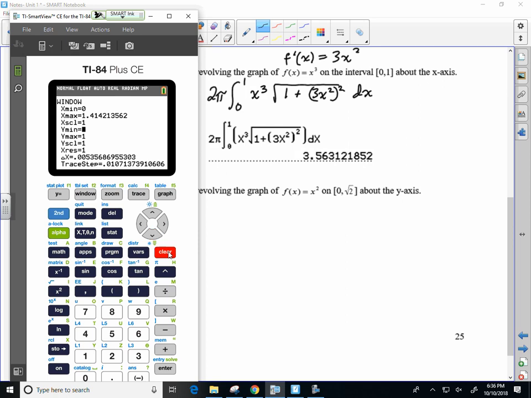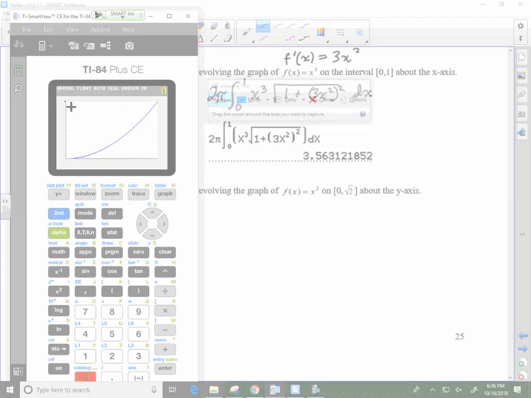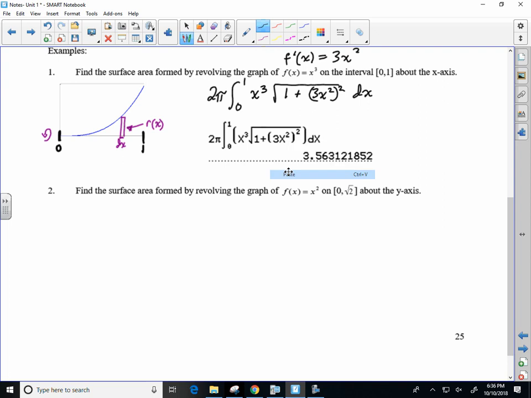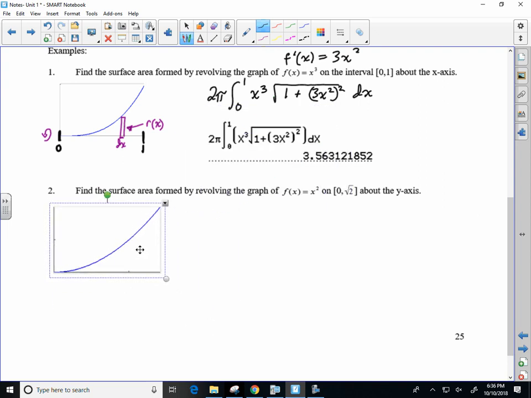Zoom fit of y min or max, clear zoom 0. Now that part does look exactly the same, but we do know it's a different function on a different interval. So it should have some slight differences. All right, so we're spinning this around the y-axis.